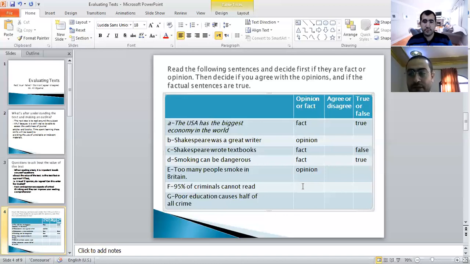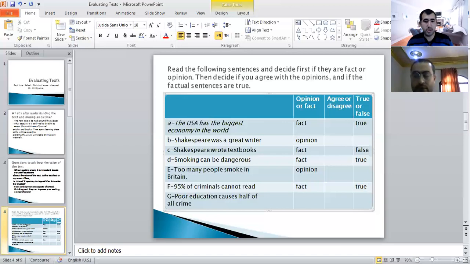It's false, because we're not sure whether 95% of criminals live in this country or that country. There are no specific details. If you give statistics about something but you're not sure about it, this is a fact, but it is not true.